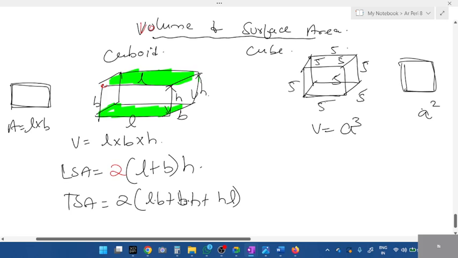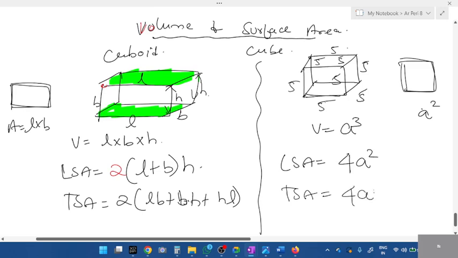And when it comes to volume, same. For a cube, lateral surface area is equal to 4a square. Total surface area is equal to 6a square.